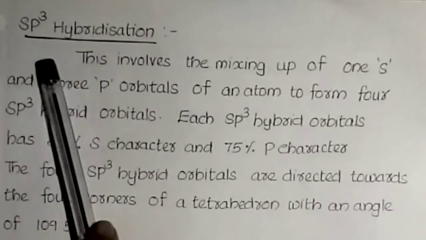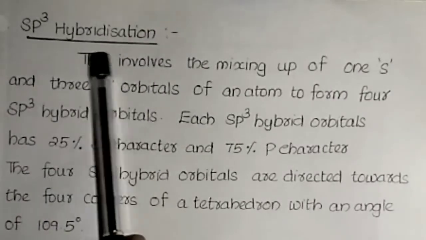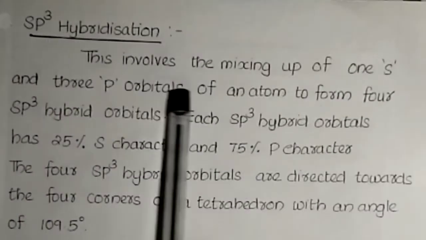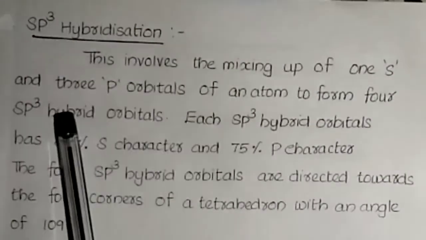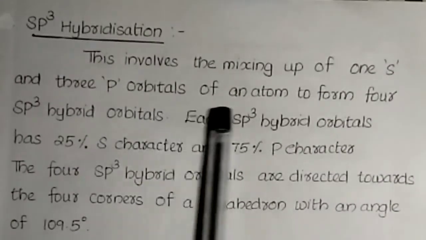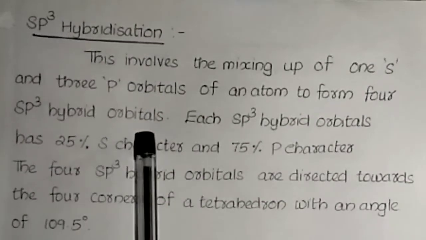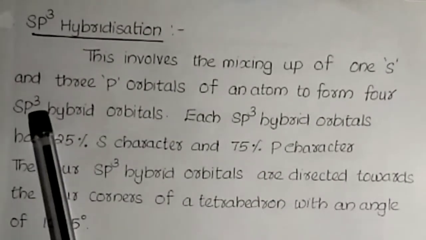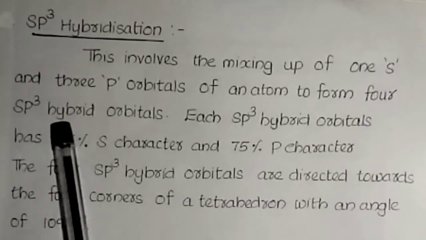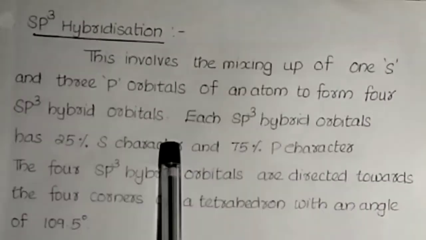Then the next type of hybridization is sp3 hybridization. This involves the mixing up of one s and three p atomic orbitals of an atom to form 4 sp3 hybrid orbitals. 1 s and 3 p, total 1 plus 3, 4 hybrid orbitals.